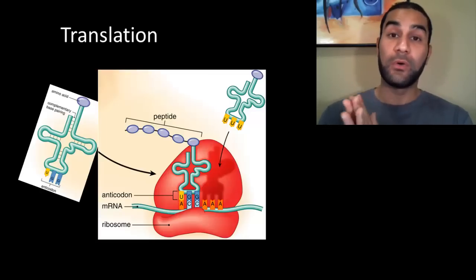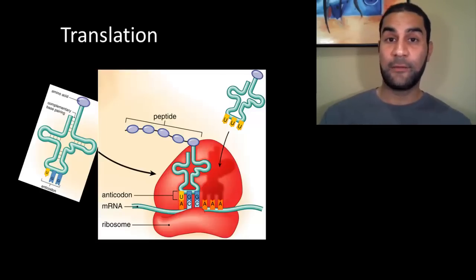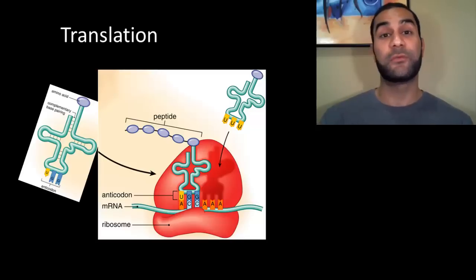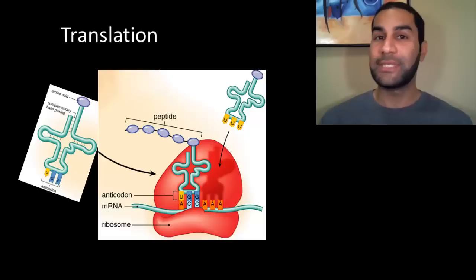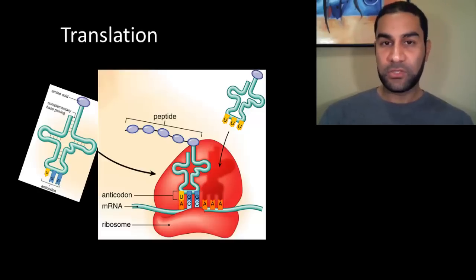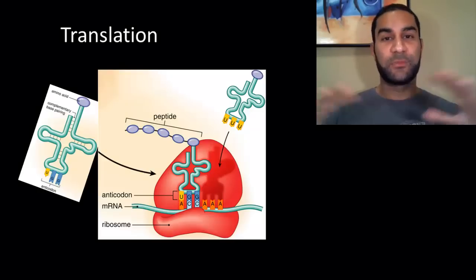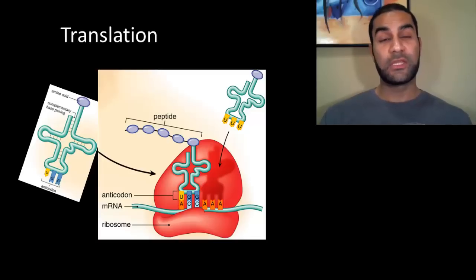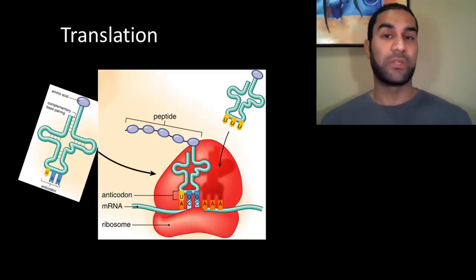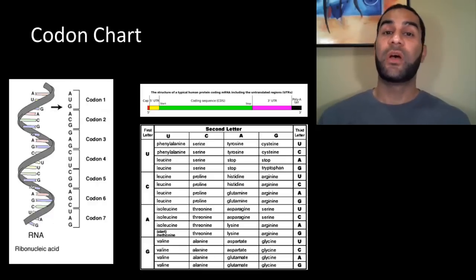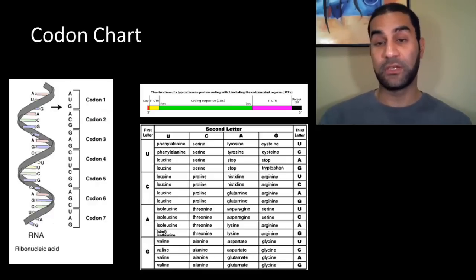So if you know the base sequence of the DNA, then you can figure out the base sequence of your messenger RNA, or the copy, which would just be corresponding bases with no T's, right? And if you know that messenger RNA line, scientists have put together a chart that you can use to predict the amino acid that would match up to that particular codon. That is what we consider a codon chart, which you see here on the bottom right.